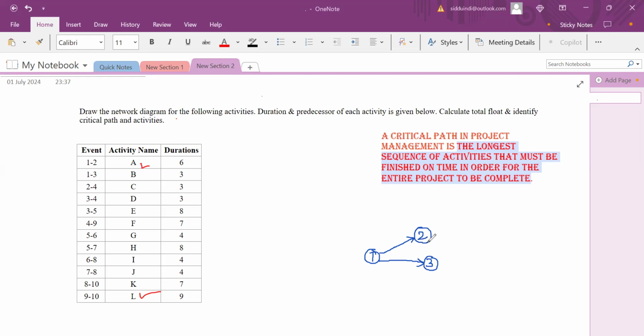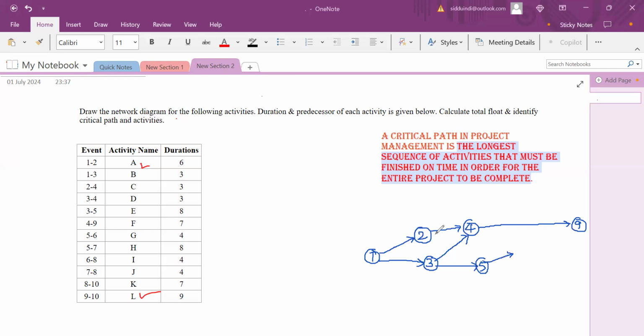The third activity belongs to 2 to 4, which means event 2 to 4. Another one is 3 to 4, and the next one is 3 to 5, which means it starts from 3 and ends with 5. Next is 4 to 9. Here 4 to 9. Next is 5 to 6.